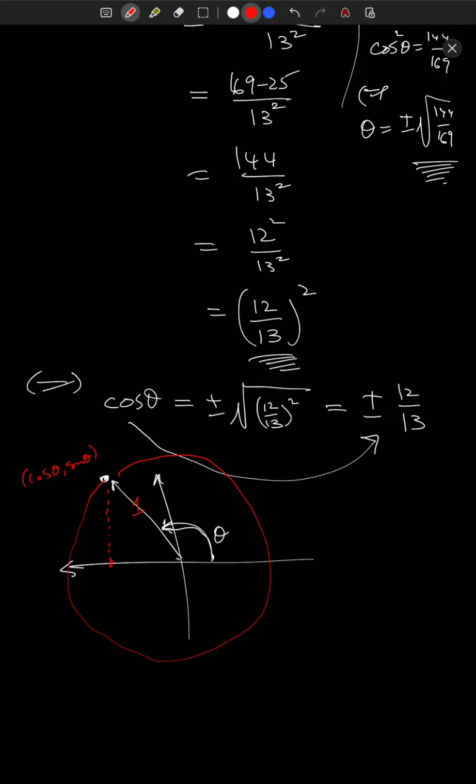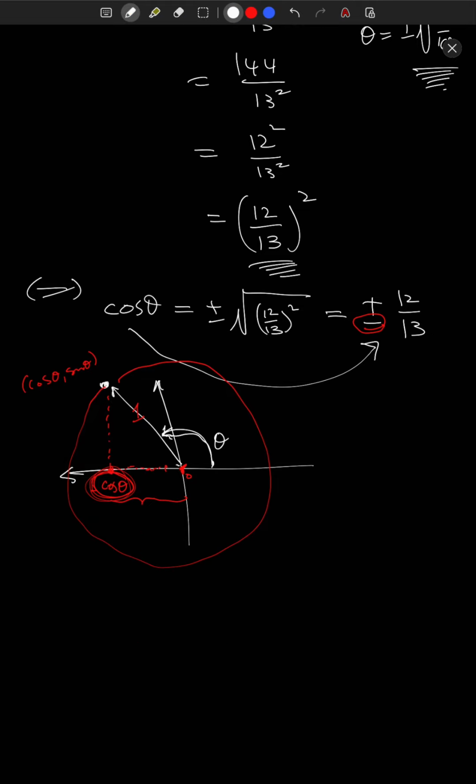Well, what's cosine theta in this case? Cosine theta is right there. This is a negative number because it's on the left of the y-axis. There's 0. These numbers here are all negative. So knowing that this angle is in quadrant 2 tells me that cosine theta should be negative. And so that means I need to keep the negative sign and toss the positive.